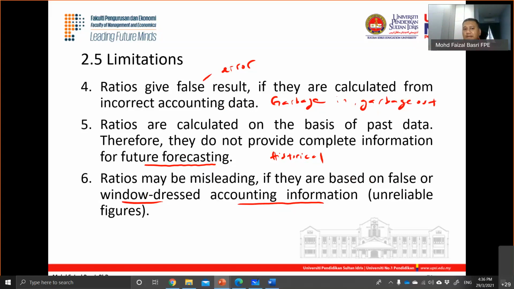They might try to manipulate the data to indicate that they have less debt, for example. So that's number 6, the limitation.